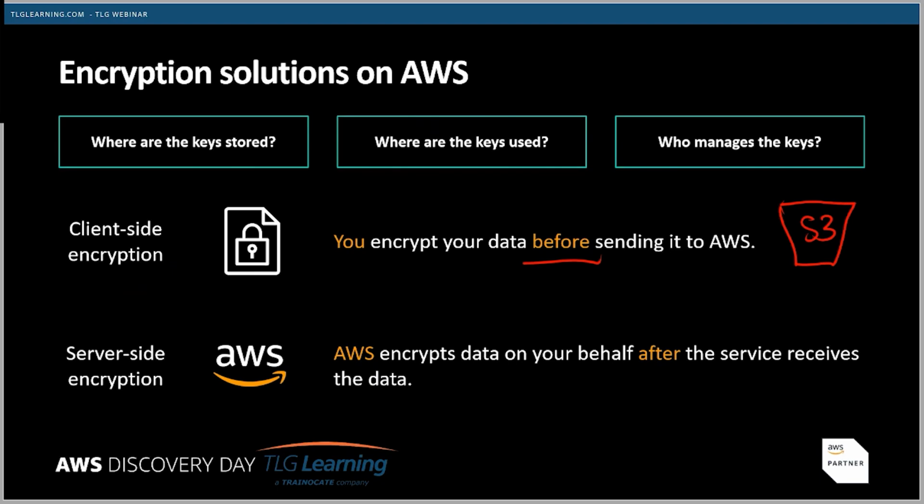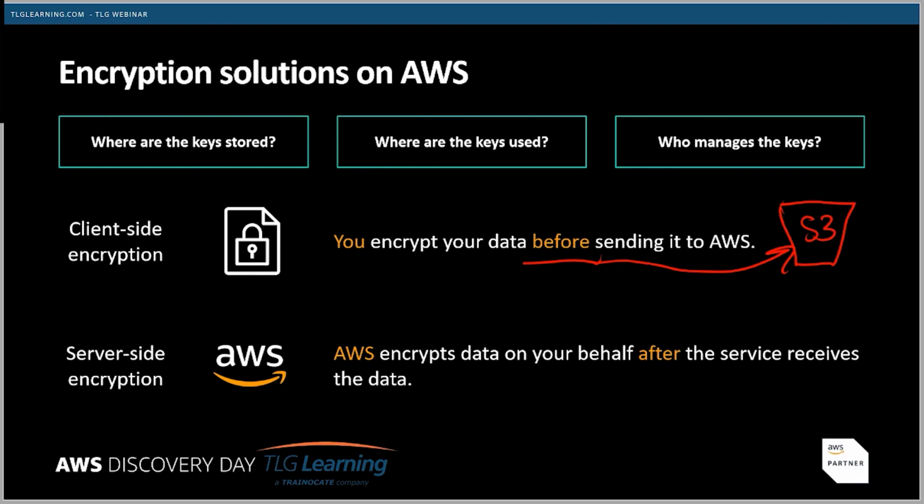Then it uploads it to an S3 bucket. The data has been encrypted by something outside of AWS before it's sent to AWS, like an S3 bucket, for example. So in that case, AWS doesn't really have anything to do with the encryption. Right? It's up to you.